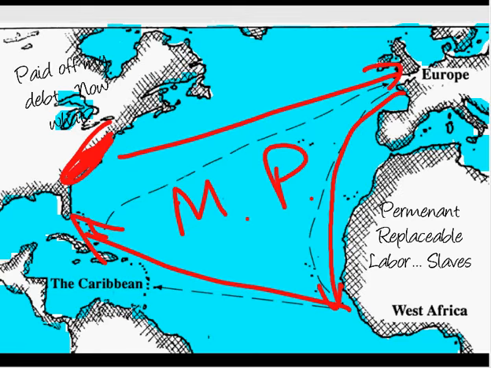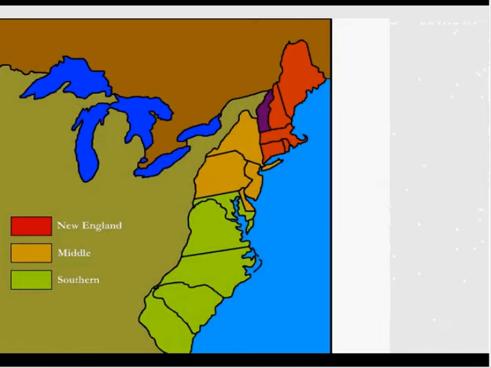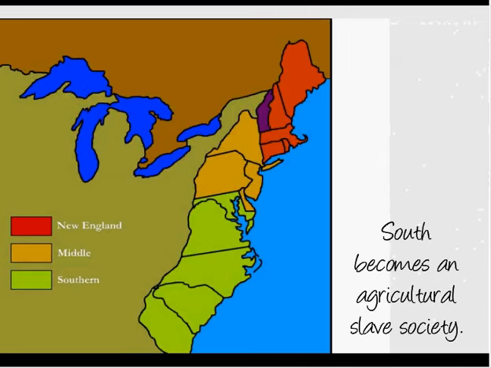So as a result, what you see is in the areas of the New World that are really good for growing big crops like the South right here, you see the birth of an agricultural slave society. Agricultural, that's a fancy word which means farming.